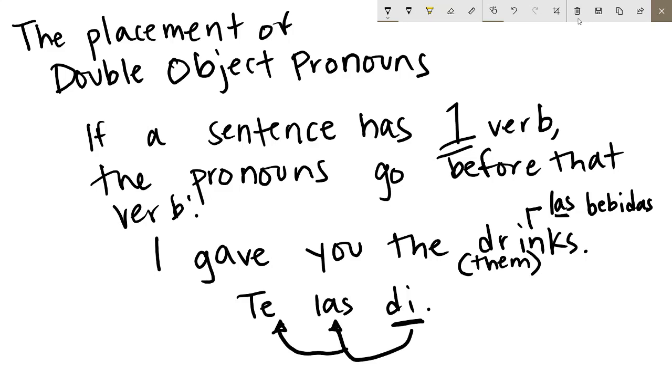Now, sometimes people, when they say verbs like di, they include the subject. Because di, you can say it yo di, right? But remember, even if you say the yo, you still have to put these object pronouns right before the verb. Okay? Now, that's if the sentence has one verb.